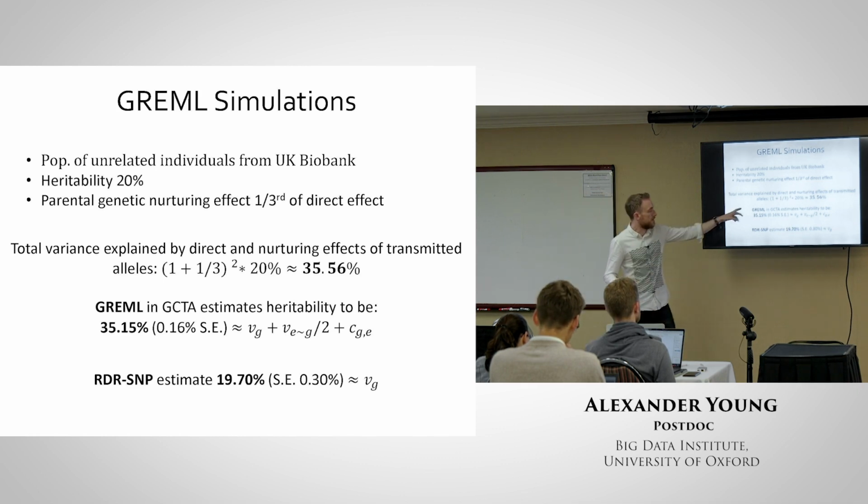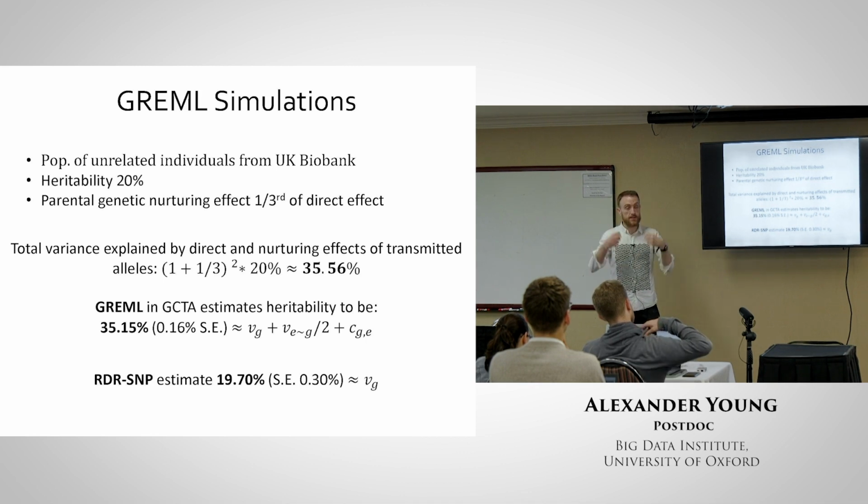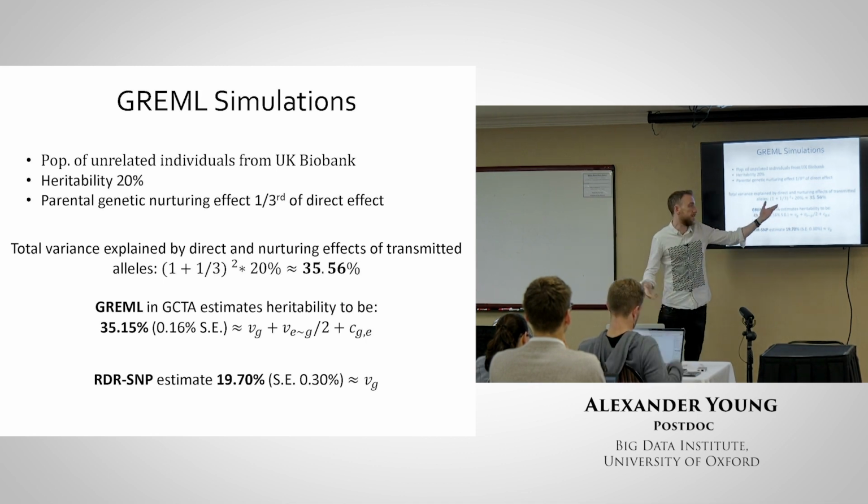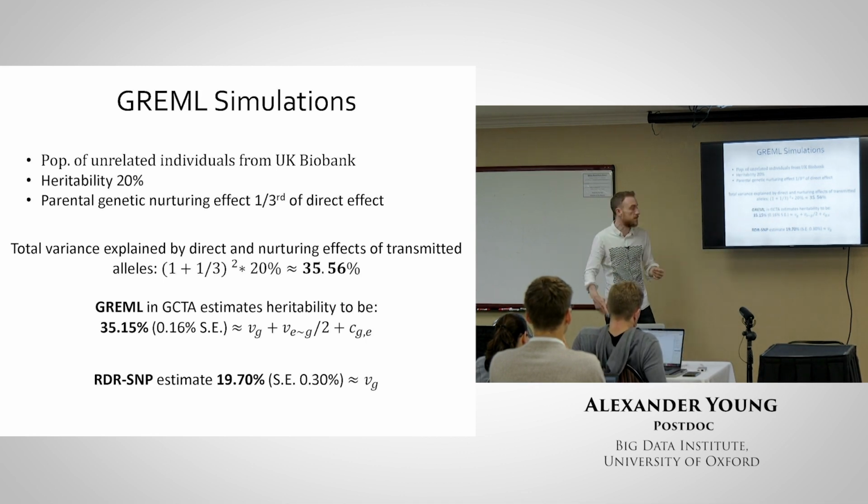Because you have this magnification with the square of the effect size, and they're perfectly correlated, the total variance explained by the combined direct and indirect effects of the transmitted alleles is 35.56%, a lot more than 20%.